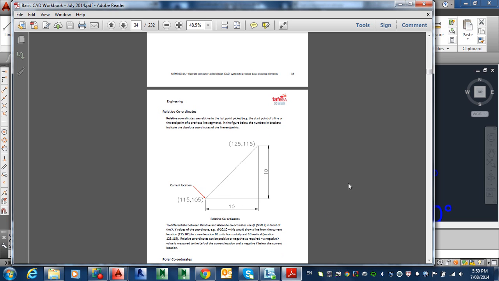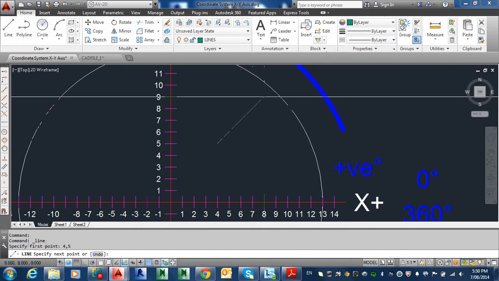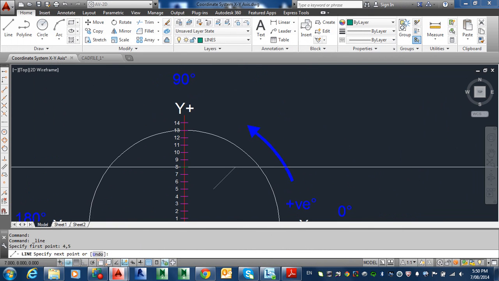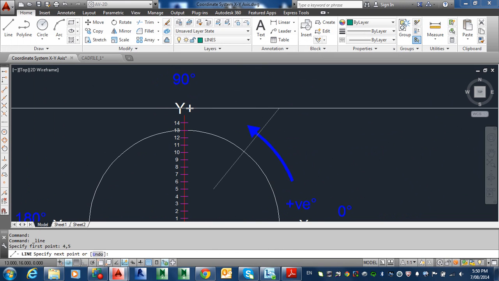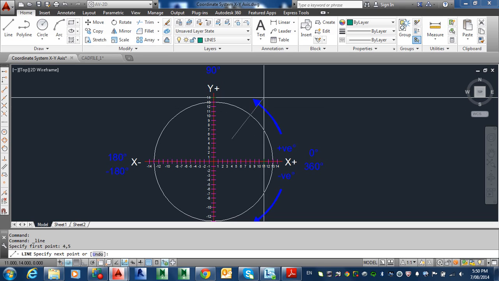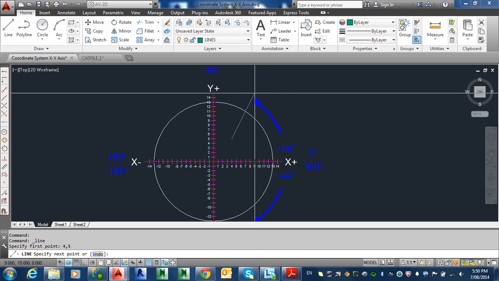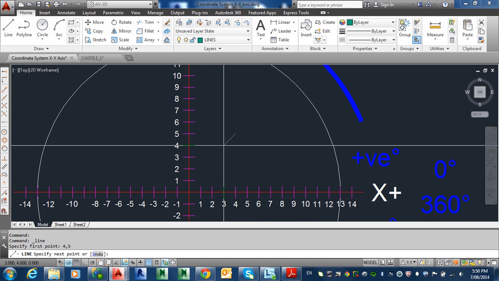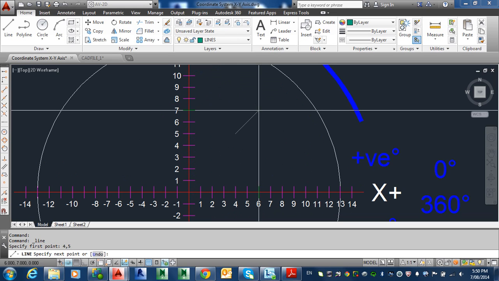So that's fine. We'll probably be up here somewhere. If we were to make the 4,5, in other words, add 10 to the 4, that's 14, and add 10 to the 5 is 15.